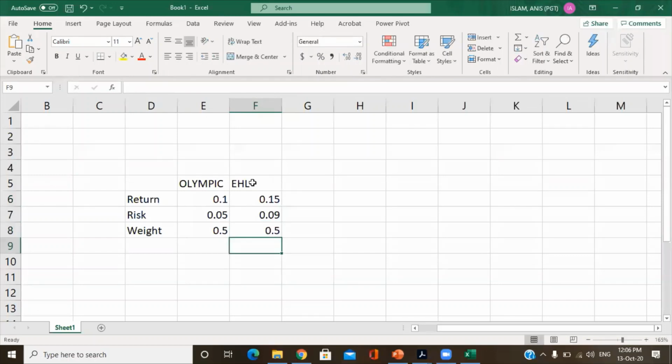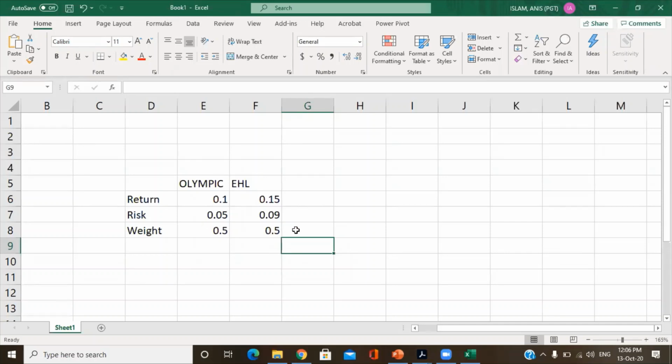That means equal investment, a kind of naive diversification, also known as the 1 by n rule. Here n is 2, because you have two instruments to invest in, so 1 by 2.